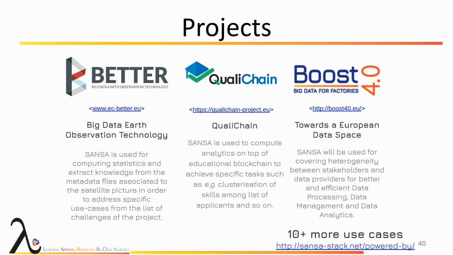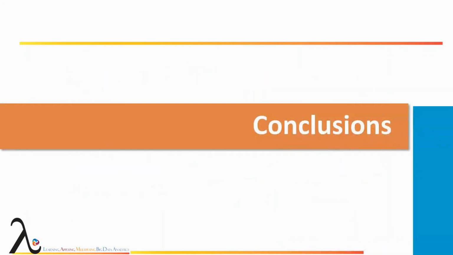SANSA has also been used in BOOST for the European data space, and more recently, SANSA has been discussed in the QualiChain project, where the idea is to provide certifications on diplomas and trainings through the blockchain, a decentralized chain. And here, SANSA would play an important role to help the people from the project design exactly what they want in the pipelines.